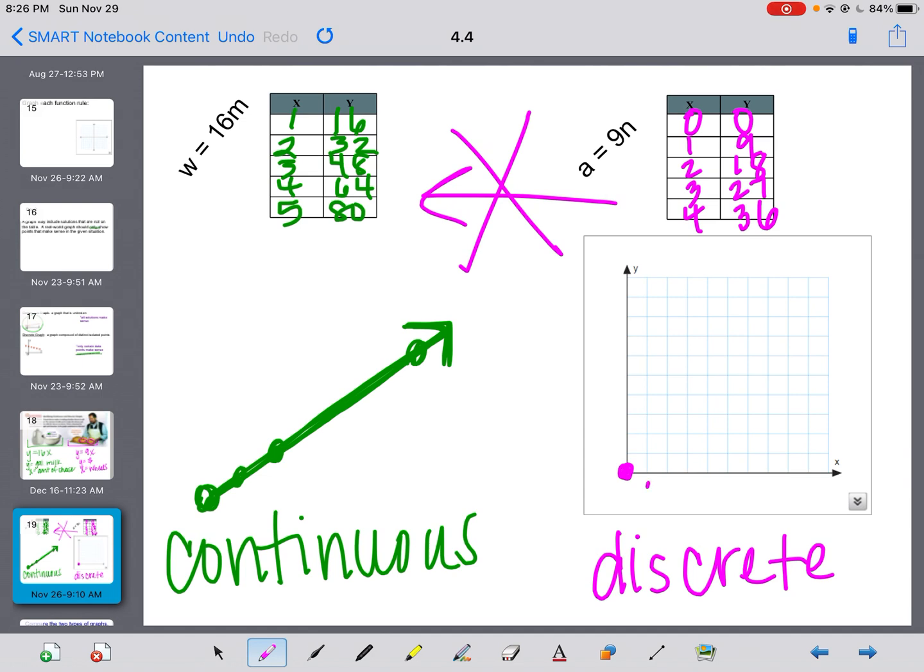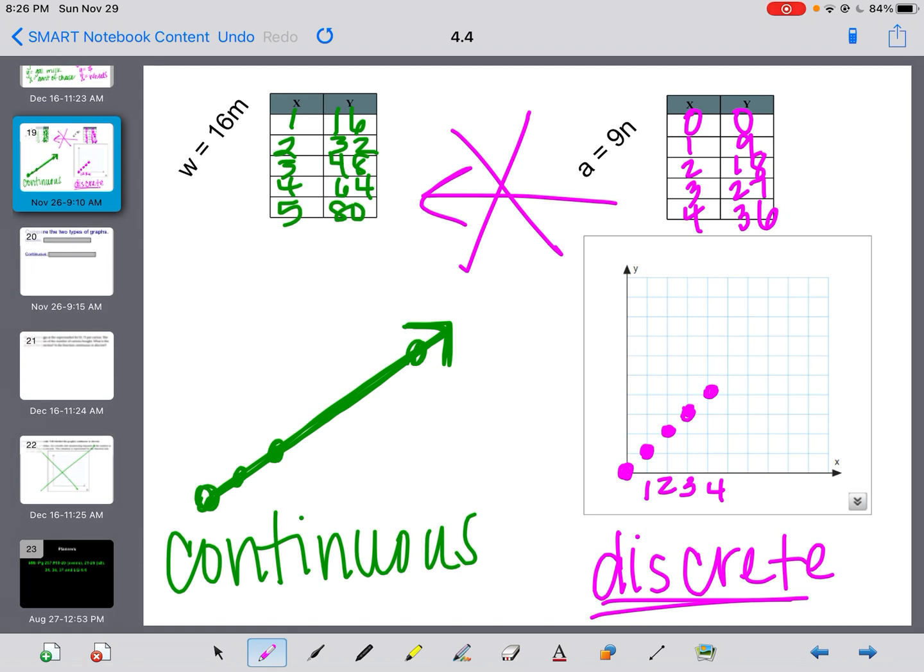If he sells 1 wheel of cheese, he's going to make $9. 2 wheels, 18, 3 wheels, 27, 4 wheels, 36, but nothing in between. So that one stays just like this with dots, and that one is called a discrete graph.